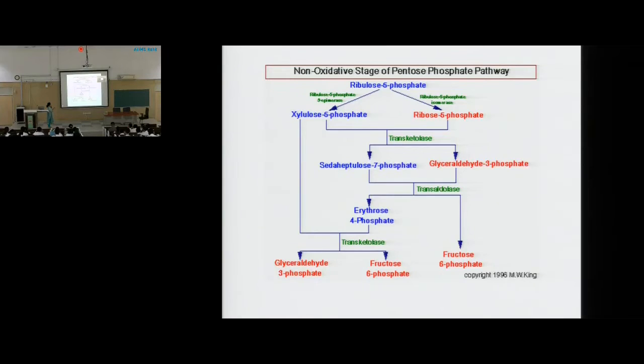Ribose is 5 carbon, xylulose is 5 carbon. There will be transfer of a 2 carbon unit from xylulose to ribose. If you add 2 more carbon to ribose, it will form a 7 carbon sugar, sedoheptulose. What is left of xylulose is a 3 carbon compound.